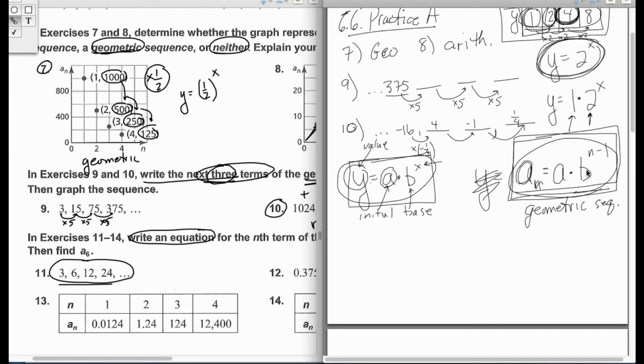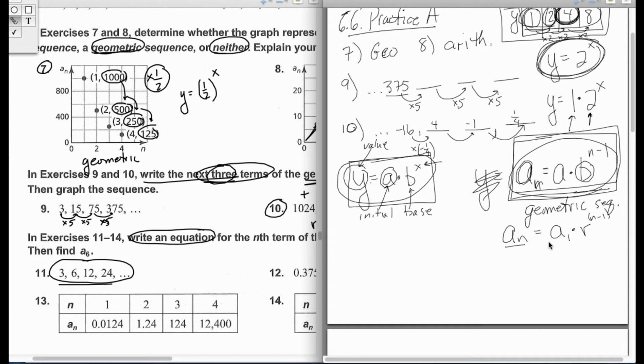And actually, I'm going to change this b to r because that's our common ratio. So really the formula is going to look like this. A sub n, that's like your y, equals a, and I'm going to put a sub 1, that's going to be the first number in the sequence, times r, that's our common ratio, to the n minus 1.